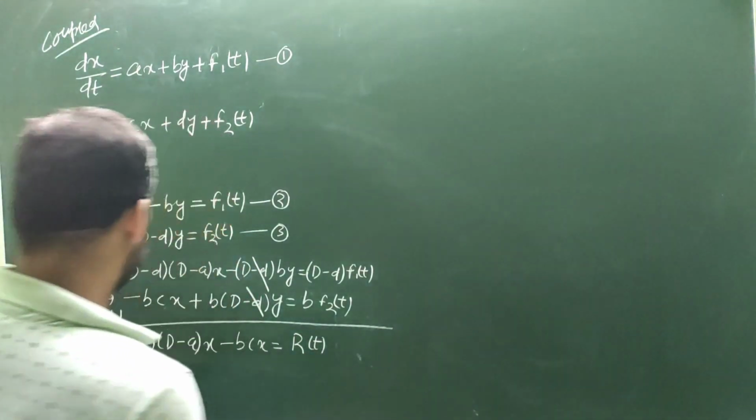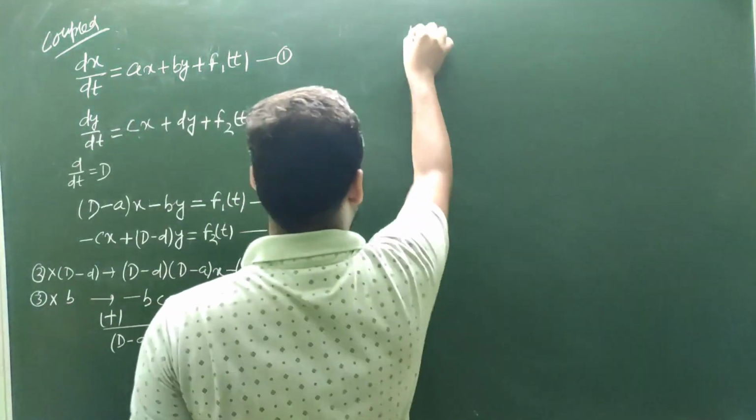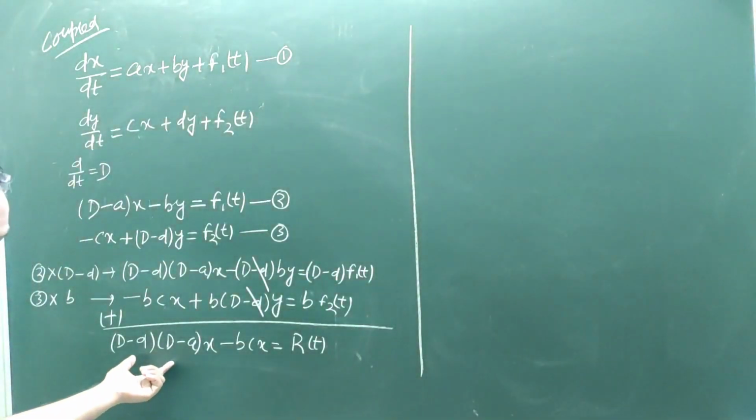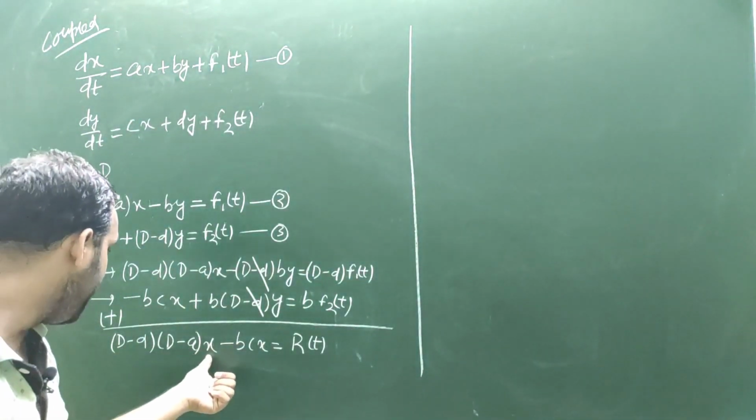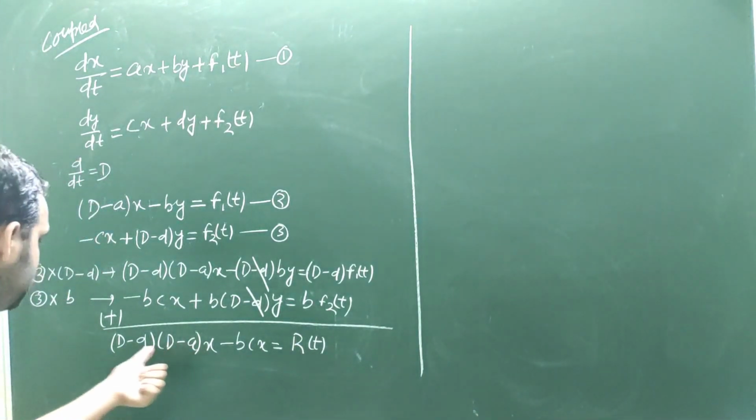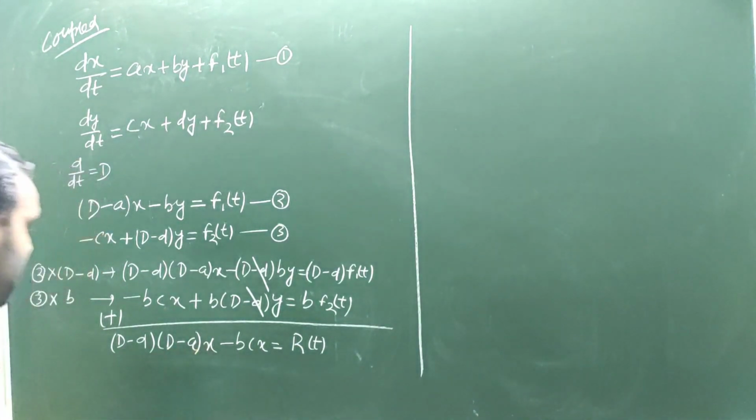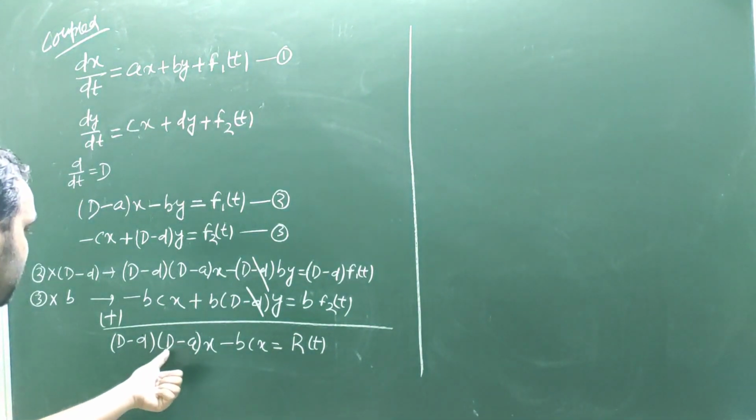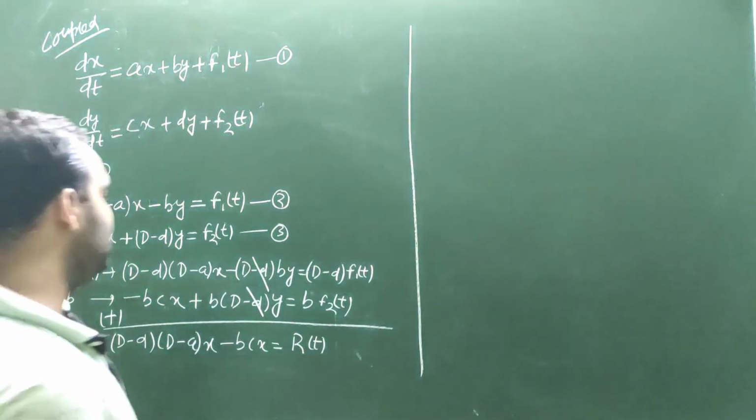Right. Now let's simplify this. What will you get? If you see here, this will be D square into x, then minus a into D into x, then minus d D x and plus a d x.